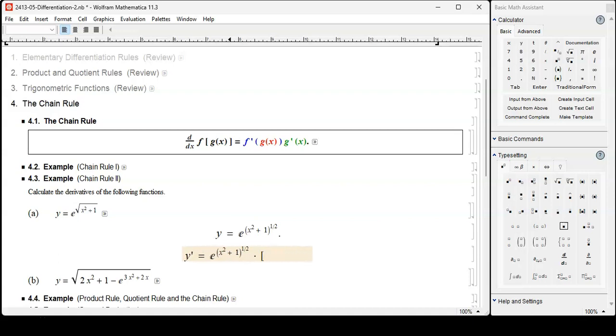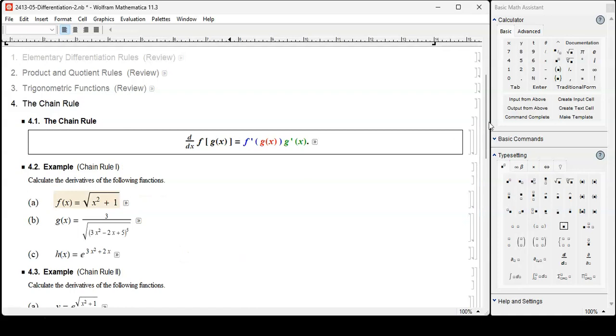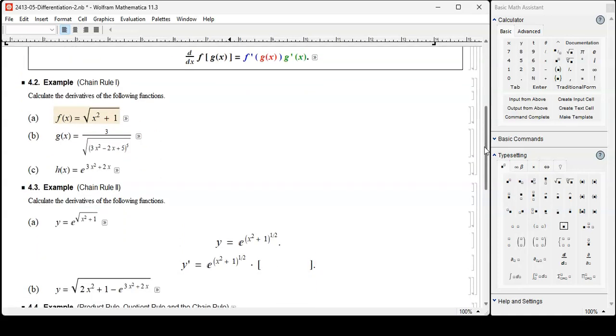And then we have to multiply the derivative of the inside, but here we have to calculate the derivative of this composite function, square root of x squared plus 1, which we already did here as a matter of fact. Remember that. Well, let's do that here.